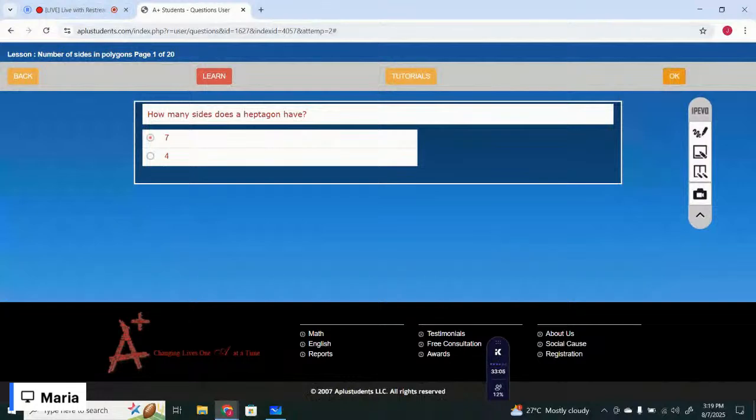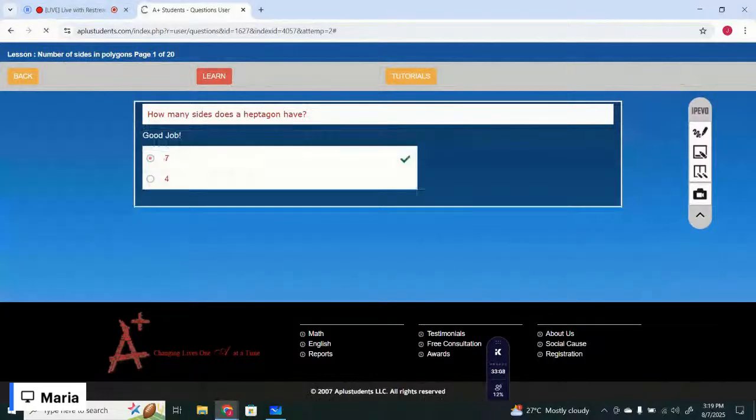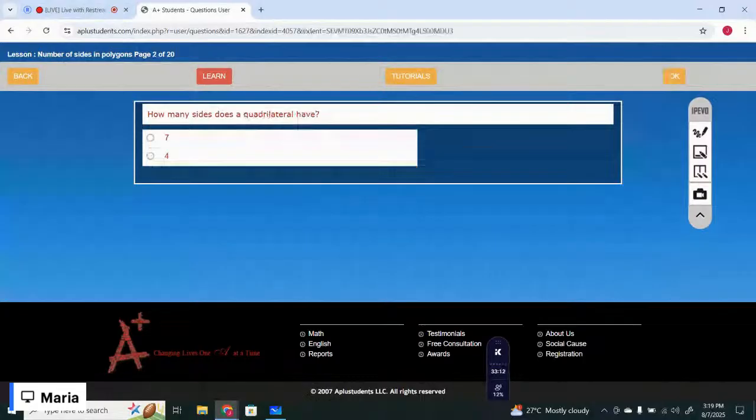Option number one is the correct option. How many sides does a quadrilateral have?